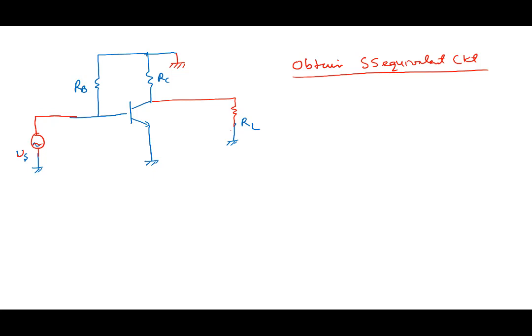Next step is, if you want at this stage, you can simplify it, right? So obtain the equivalent circuit. First step, independent voltage source becomes ground. Capacitors are shorted.